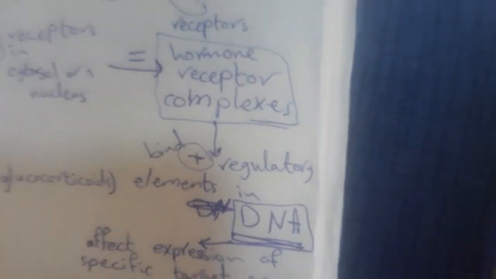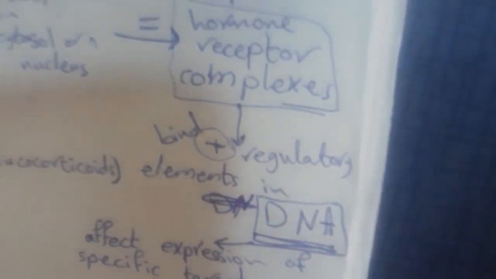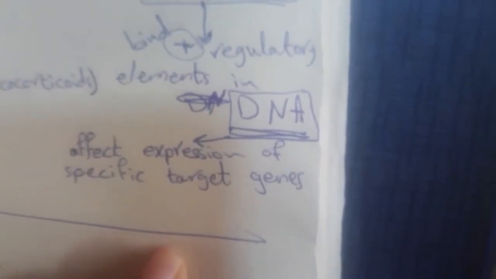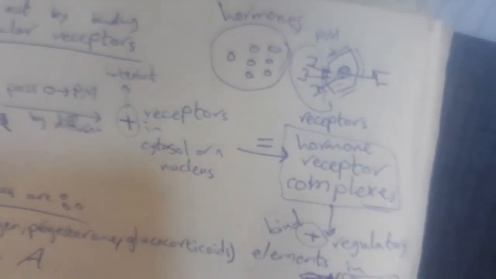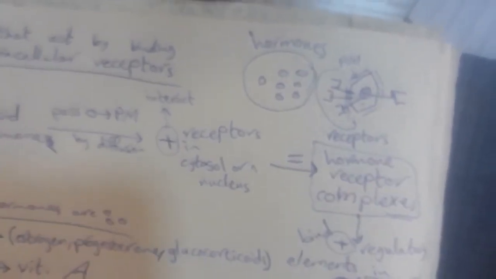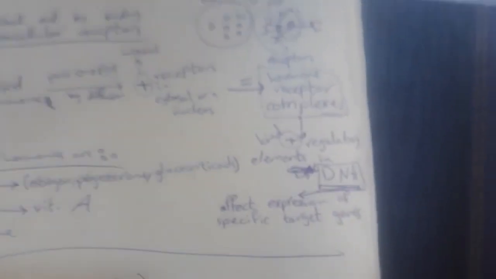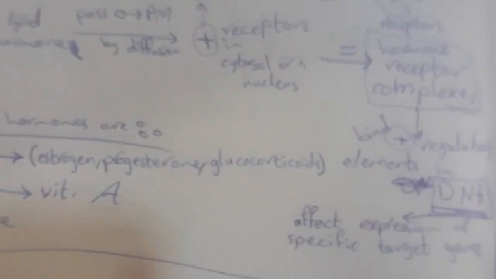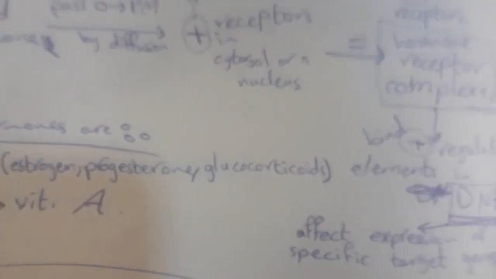This complex binds with regulatory elements in DNA, which affects expression of specific target genes. These hormones are really found in our body and do this action. Some of them are steroids like estrogen, progesterone, glucocorticoids, and retinoids like vitamin A, and thyroxine.